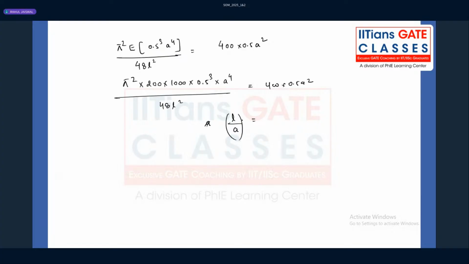If you take the square root of that, pi square into 200 into 1000 into 0.5 cube by 48 by 400, it is giving me the value as 5.07. 5.07 is the correct answer for this question. Take a note of it.